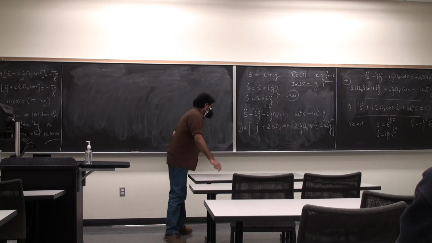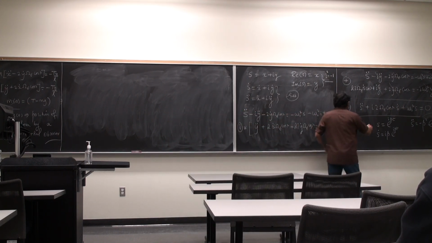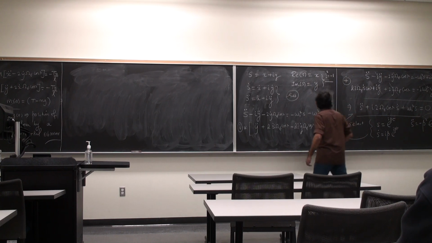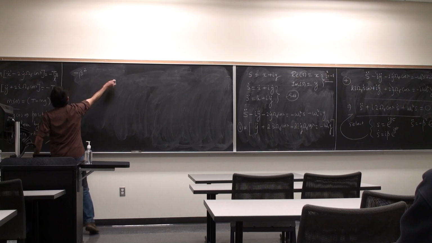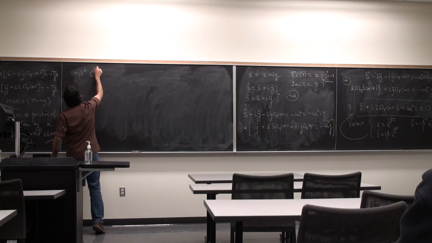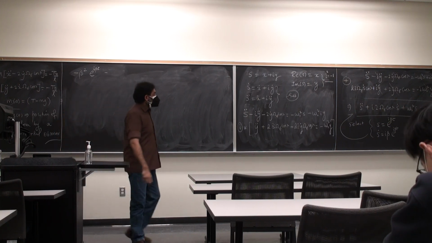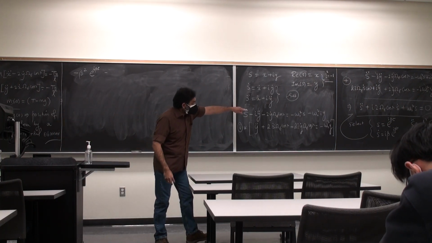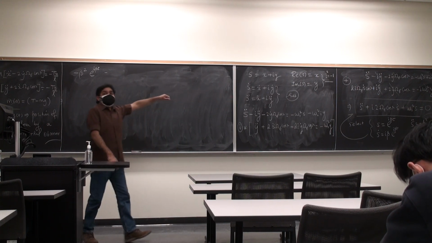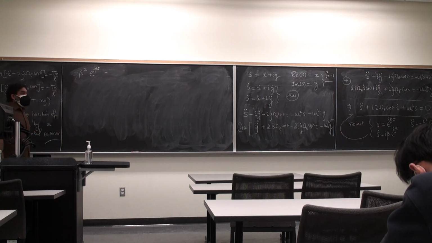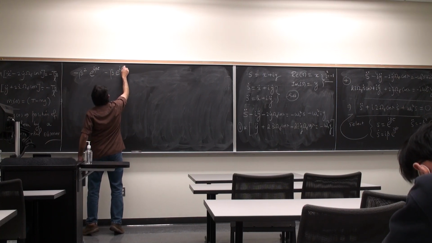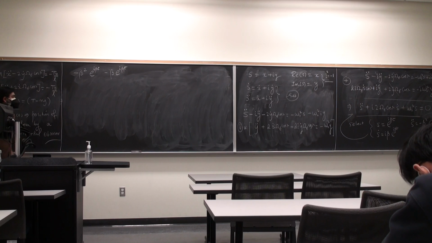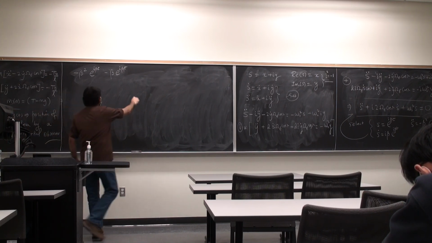Alright, so do the substitutions. You need to solve for beta. s double dot is minus beta square e to the power i beta t. Then I'm going to have s dot, which is i beta e to the power i beta t, but I already have an imaginary i next to the second term, so that's going to be minus beta e to the power i beta t. Last one is just omega naught square.